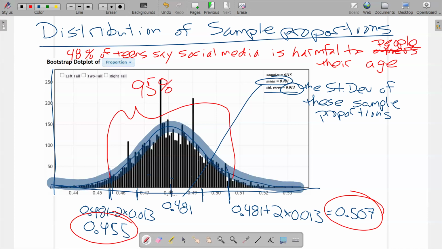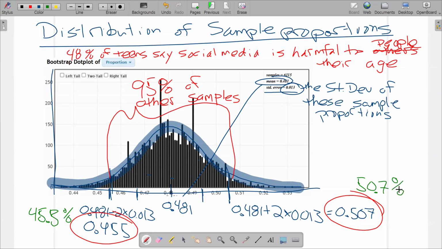So 95% of other samples will have a proportion somewhere between, on the low end, 45.5%, and on the high end, 50.7%.